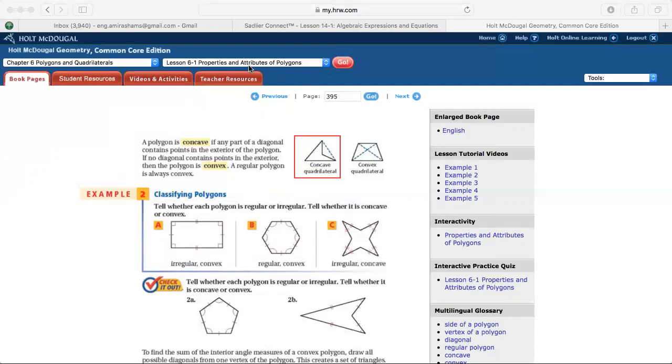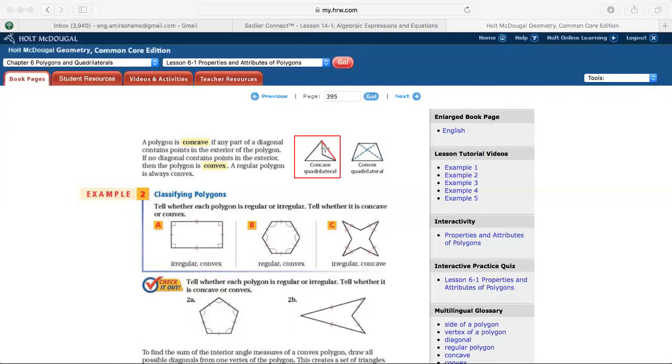I have a diagonal here. This diagonal is outside the polygon. Yes, I can have a diagonal outside the polygon. So in this case, it is called concave.